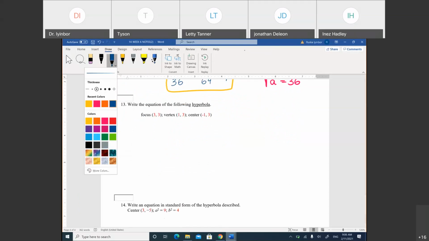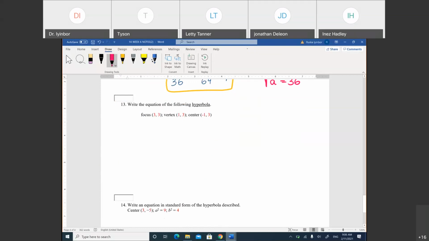The center is going to be H and K. Okay, now which one is your major axis? Which coordinate is changing, X or Y?